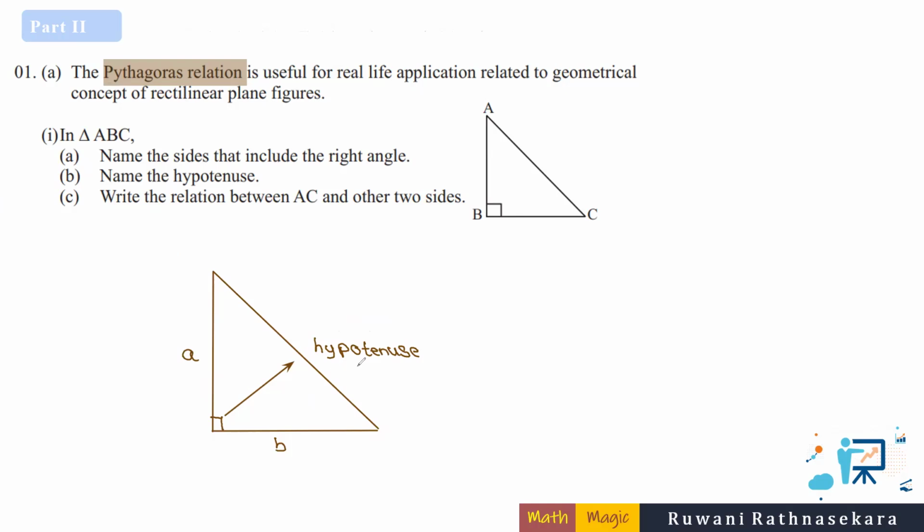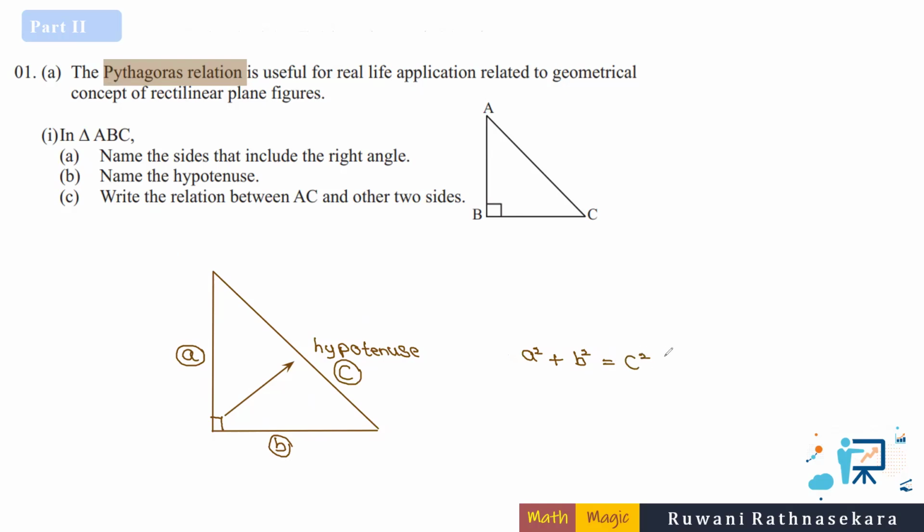Therefore, if the hypotenuse of this triangle is C, Pythagoras found a relationship like this as a summary. If you square the two sides including the right angle, which are A squared and B squared, when you add them together, that sum becomes equal to the square of the hypotenuse.